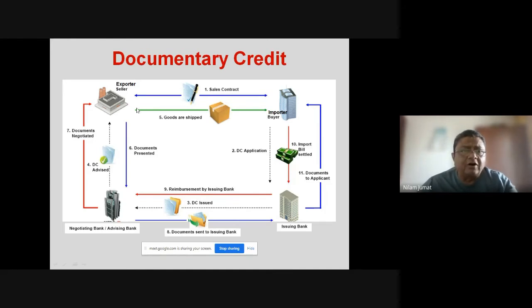Because they are working on an LC basis. He has shipped the goods, sent the documents, right? Issuing bank, then documents come. Now here, whether the documents are given to the importer and he pays money, this part is not relevant to the exporter. Once it comes here, the importer's bank who issued the LC has to pay.